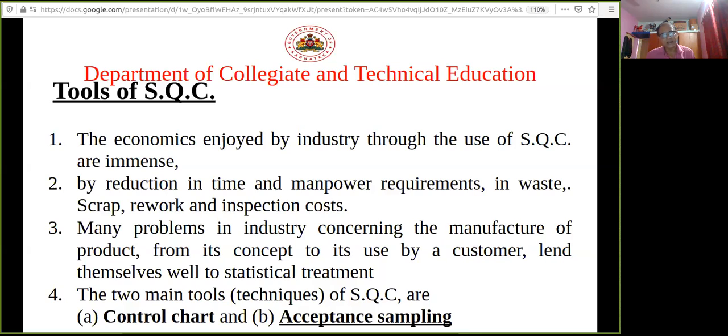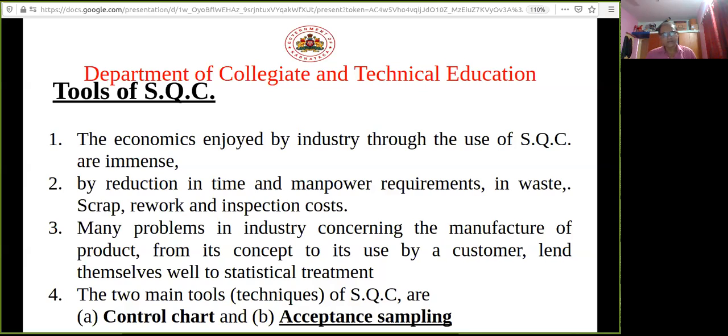In the X bar R chart, first we bring the process under control in terms of the range. First we should control the range of the products, that is the R chart. Once the range chart is under control, then we can go for the X bar chart and bring it under control.